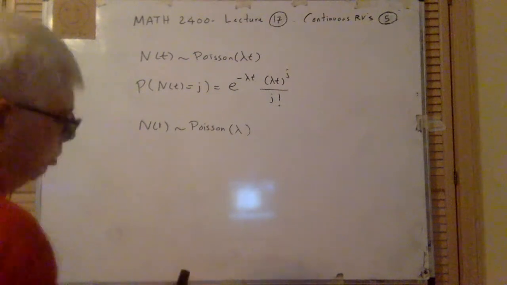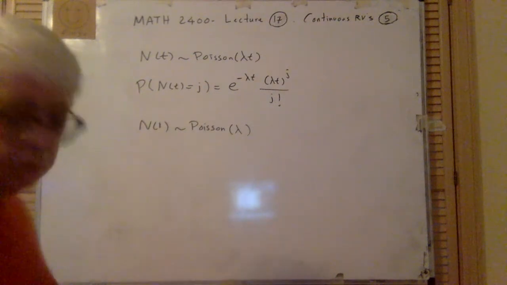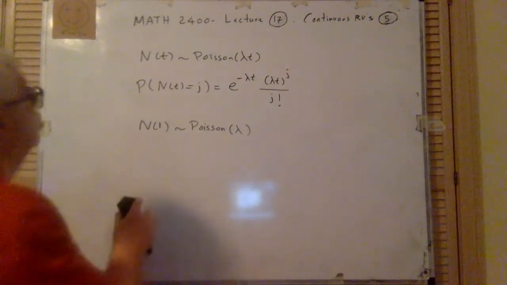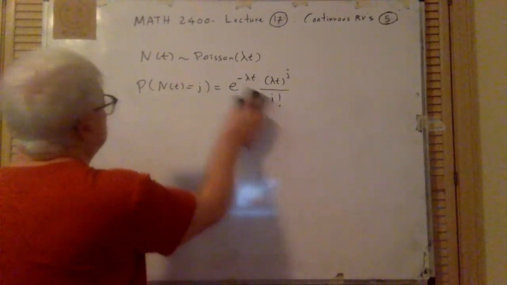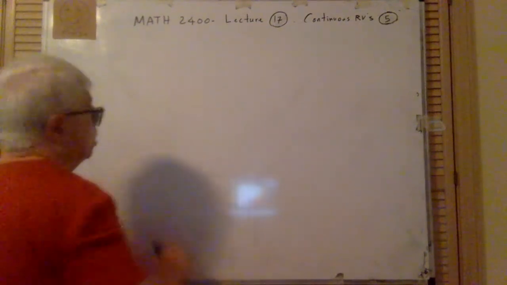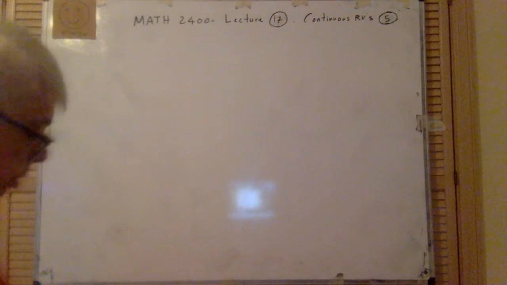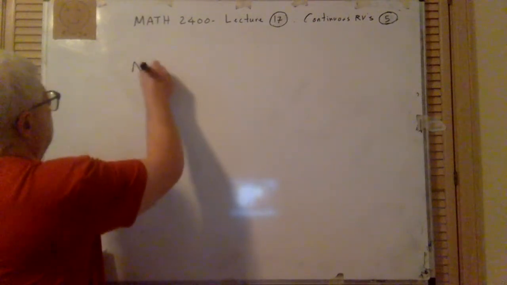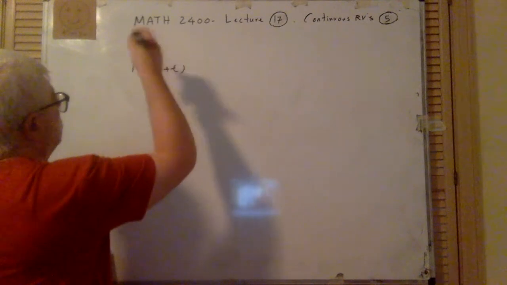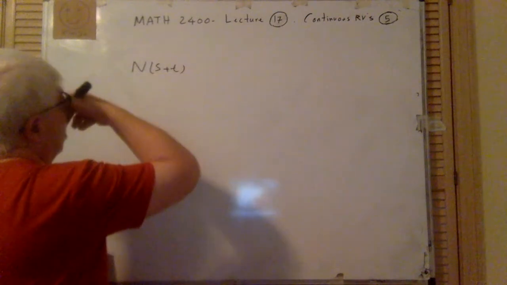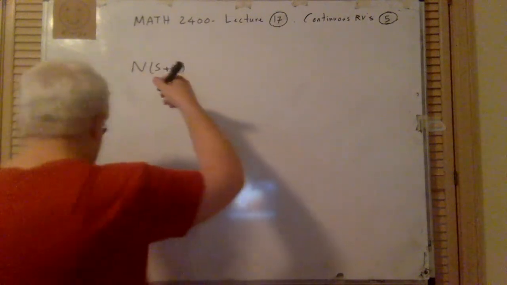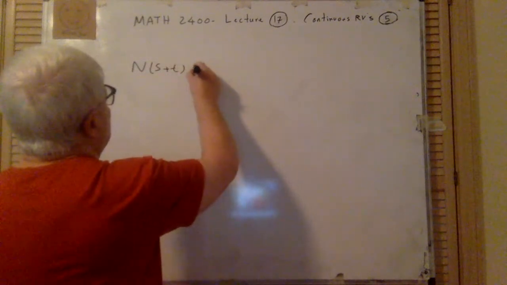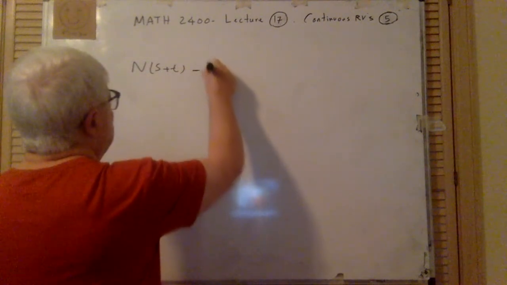There's also another thing which I did not discuss when I was discussing the Poisson process. So let's look at this amazing property of the Poisson process. Let's say we have N(s plus t), where both s and t are numbers, and we subtract N(s).